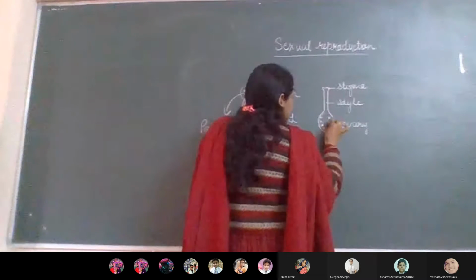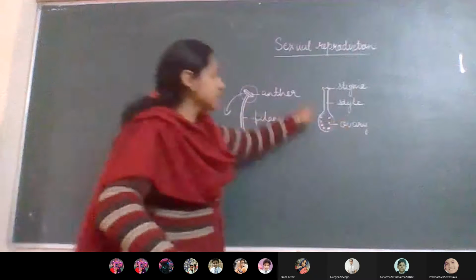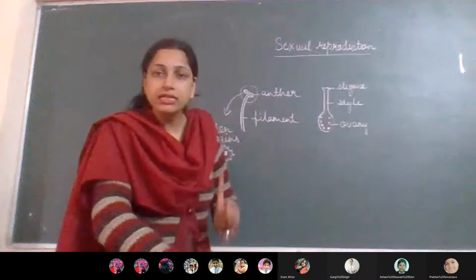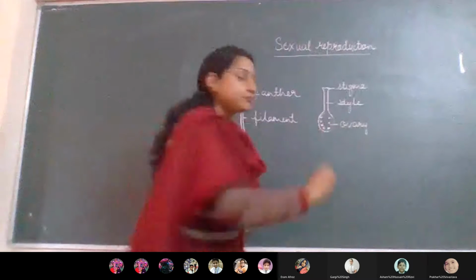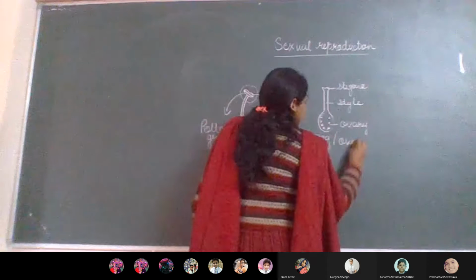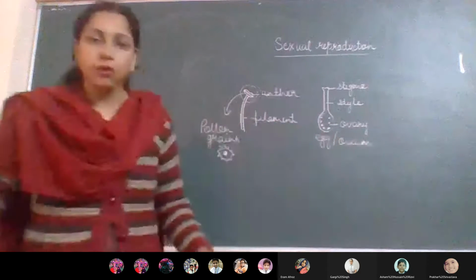Inside the ovary you see the ovules. This part produces the male gamete, and in the same way the female part produces the female gamete, that is the egg or the ovum.